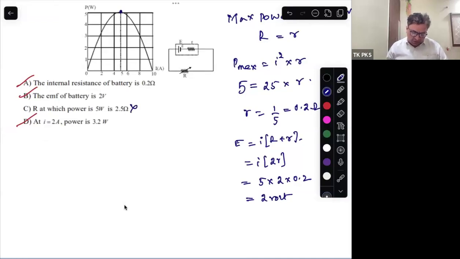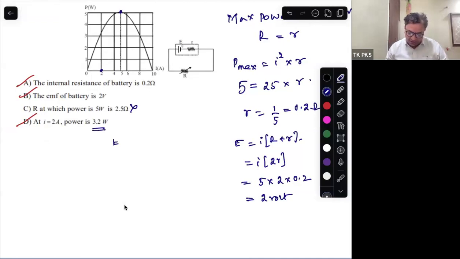Wrong. At I equal to 2 amps, power is. Whatever the question, finally you can answer that only from the graph. Irrespective of whether you don't know A, B, at least you can answer D. But still, I will explain how to answer this.